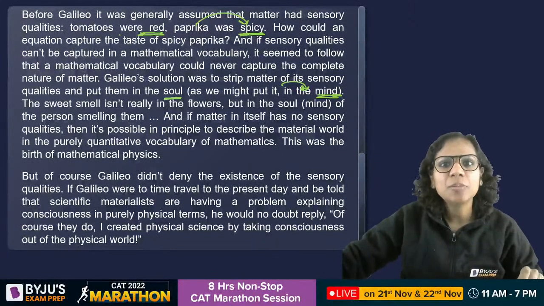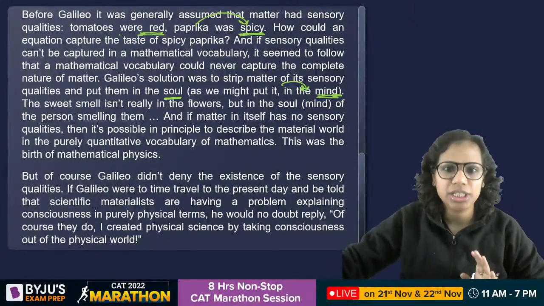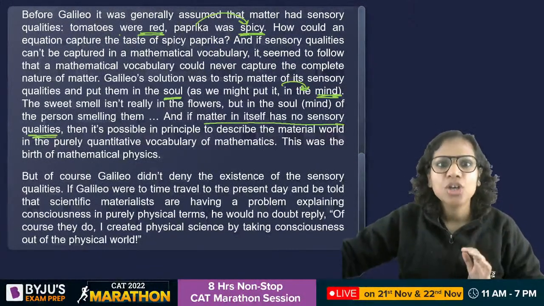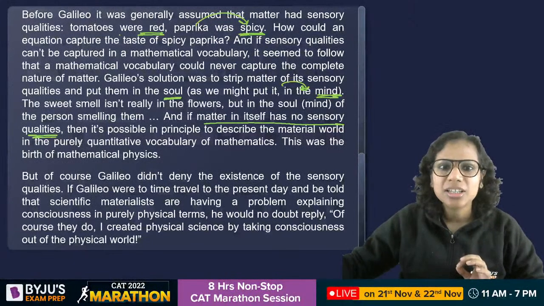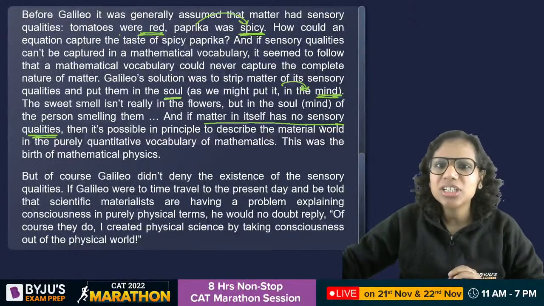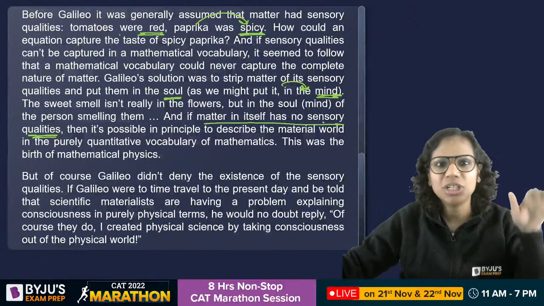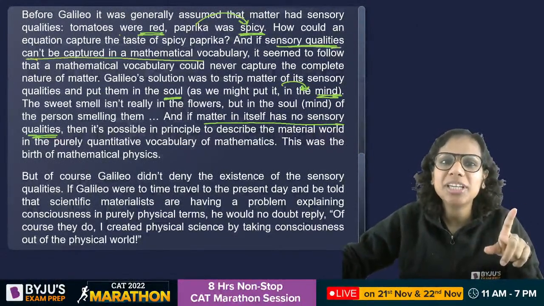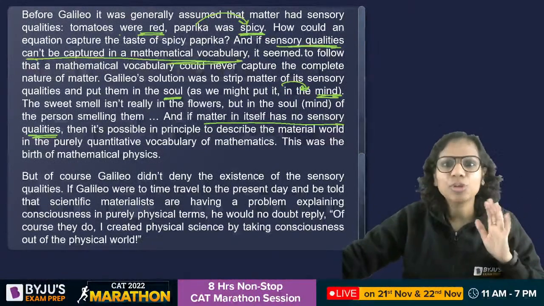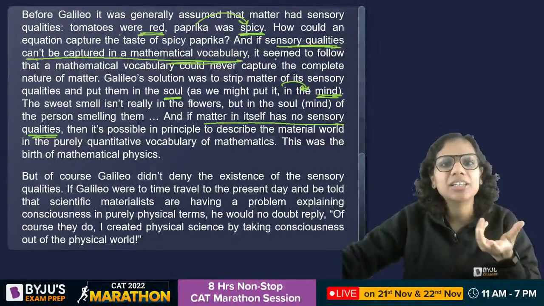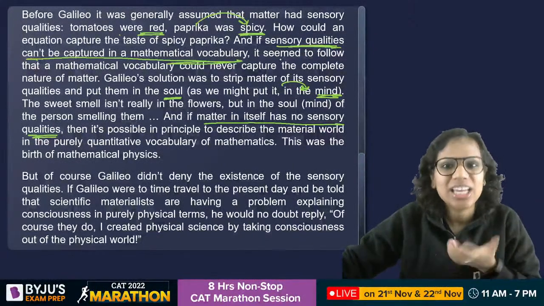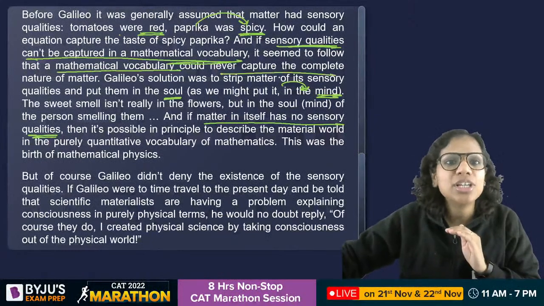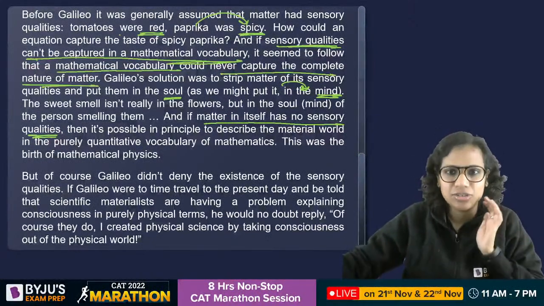So Galileo said that matter does not have sensory qualities. That means we can't really capture these sensory qualities in the material world. That means that sensory qualities cannot be captured in mathematical vocabulary, because they are not in matter, so you can't frame them in mathematical terms. That is what Galileo said, that a mathematical vocabulary could never capture the complete nature of matter, right?